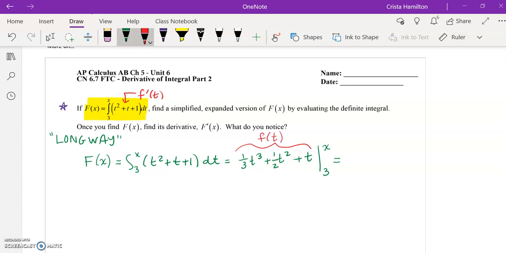And now watch, when we plug in to calculate our net change, we're going to calculate f of x minus f of 3 over here. And so I plug in my values for x. So I'm going to have 1/3 x cubed plus 1/2 x squared plus x. And then we plug in 3.